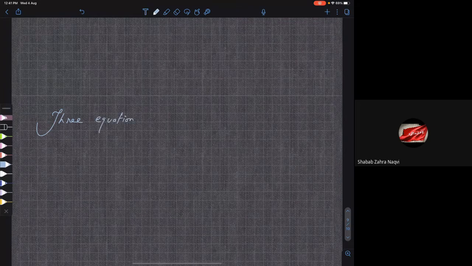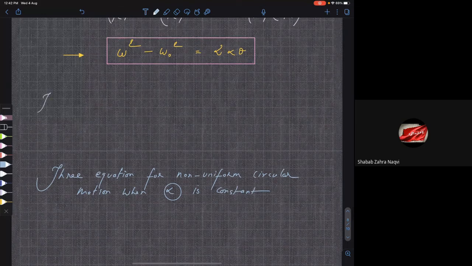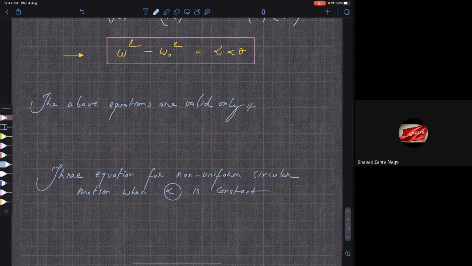Equations for non-uniform circular motion when alpha is constant. Understood? The above equations are valid only if alpha is constant.